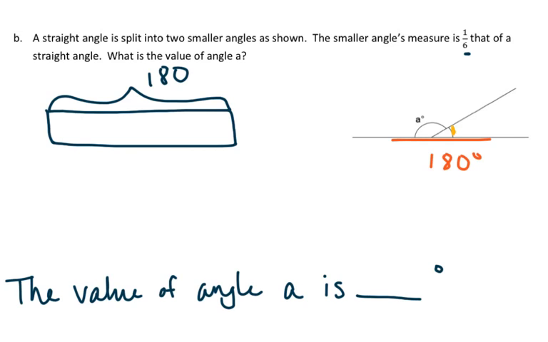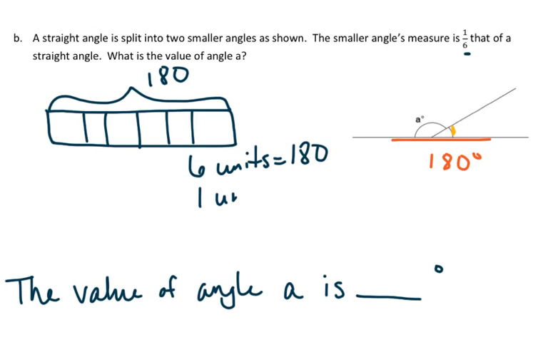Okay, so we're going to have our angle represented here, and let me just split it into 6. Okay, so if 6 units is 180, 1 unit is equal to 30. Okay, so 1 unit is equal to 30.